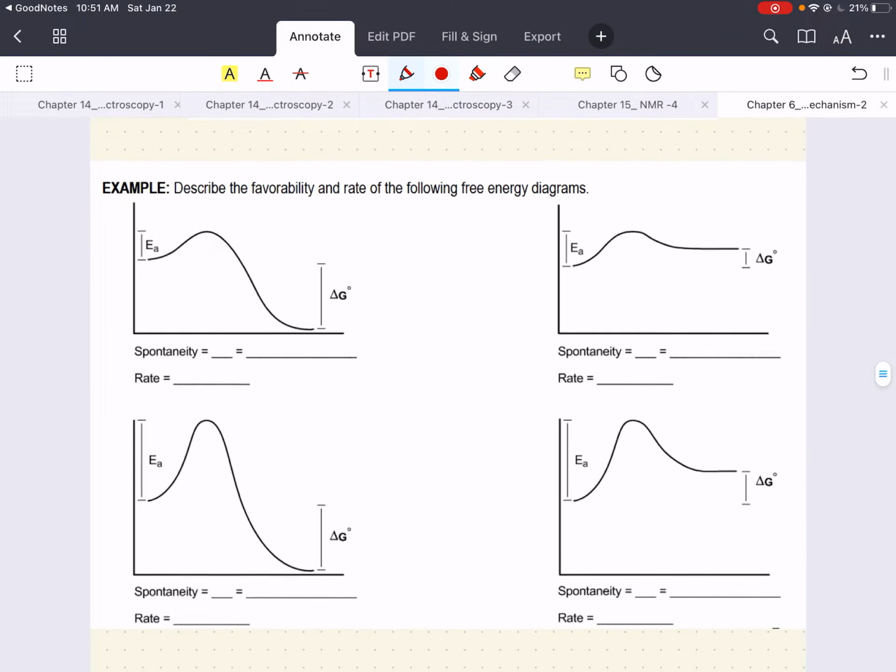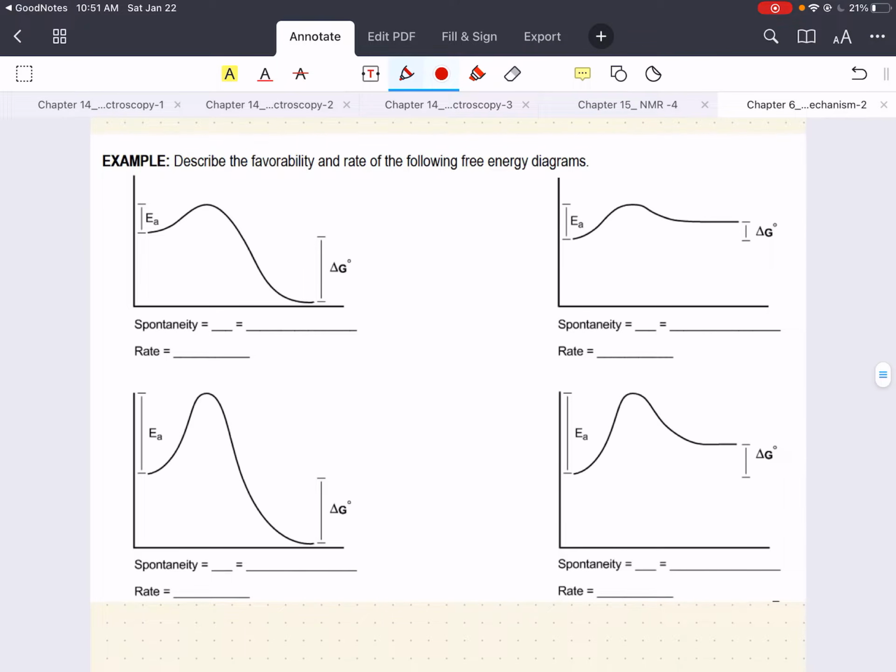Now, we're going to look at this example and determine the spontaneity and the rate of the reaction. For spontaneity, we're going to try to figure out if our delta G is negative or not. If it's negative, then it's spontaneous. For the rate, we're going to look at the activation energy to predict if this is going to occur at a faster or a slower rate.